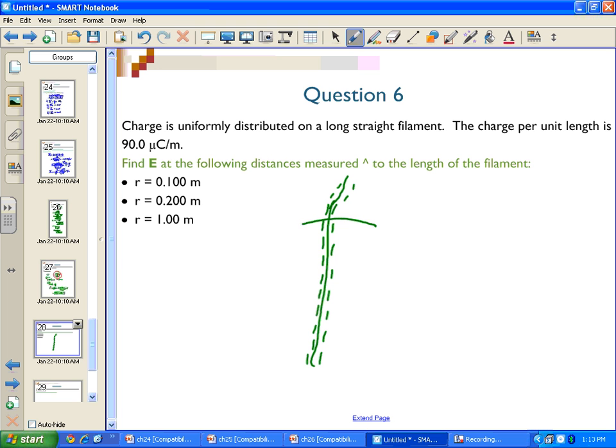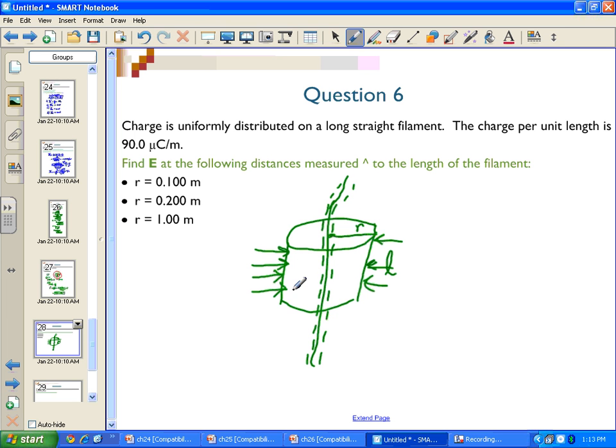Well, we're going to choose a Gaussian cylinder as our surface. Our Gaussian cylinder is going to be L long, and we'll have a radius r, little r. And of course, that radius corresponds to the location where we're being asked to determine the electric field. And we note that the electric field is everywhere inward and perpendicular to the curved portion of the cylinder.